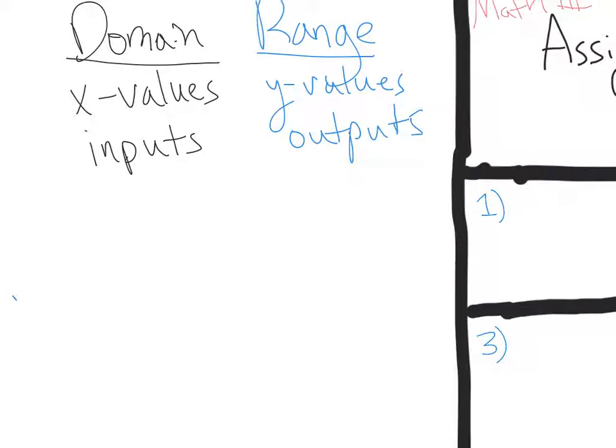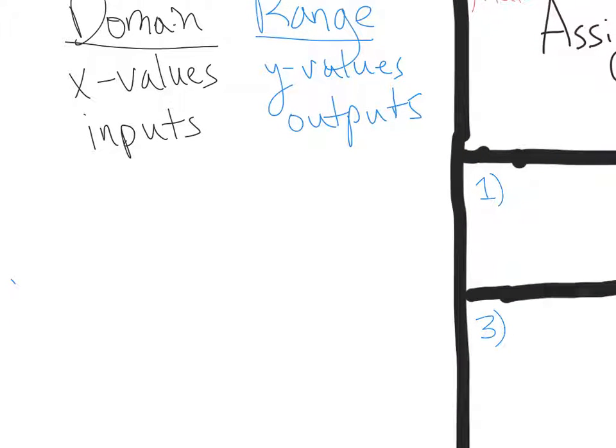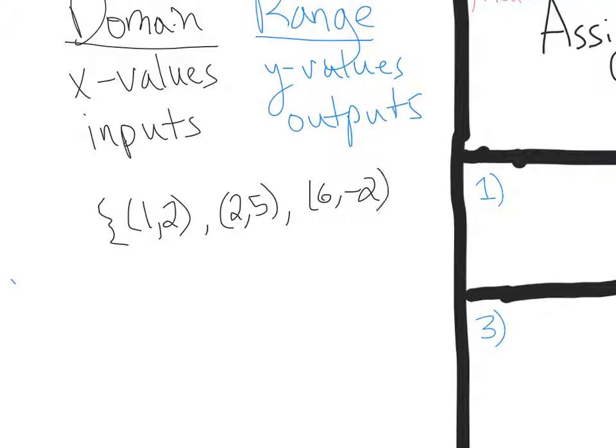Basic example of this would be to have, let's say, the set of coordinate pairs (1, 2), then another coordinate pair (2, 5), and then another coordinate pair (6, -2).